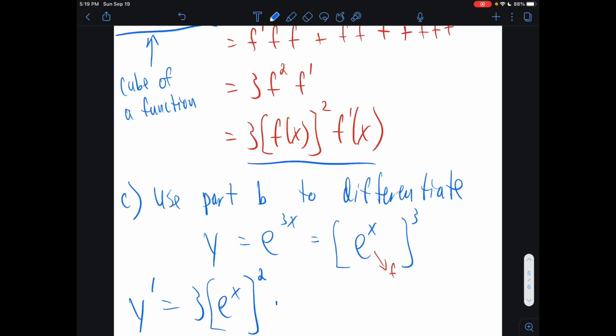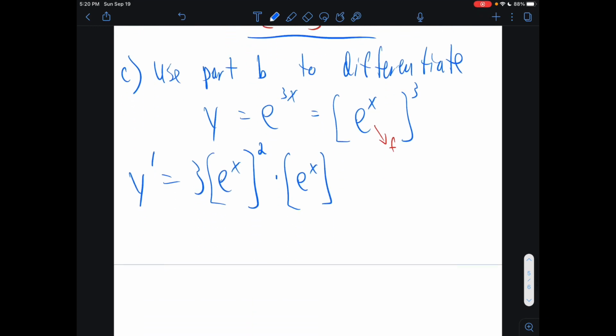And again, if f is e to the x, then f prime is also e to the x. And this just means that y prime is 3 times e to the 2x times e to the x, which is just 3e to the 3x.